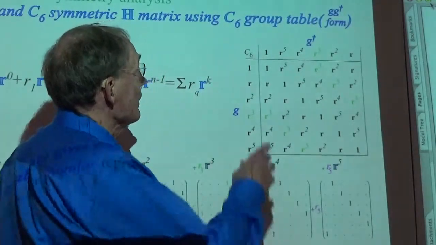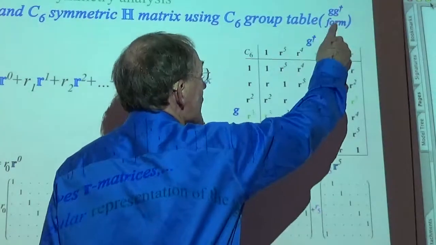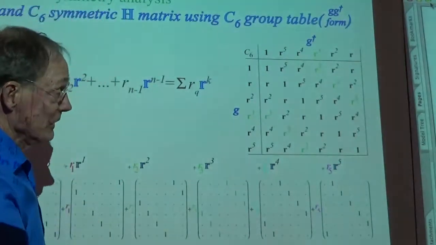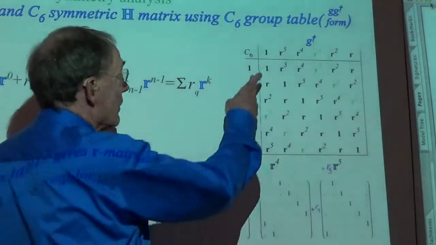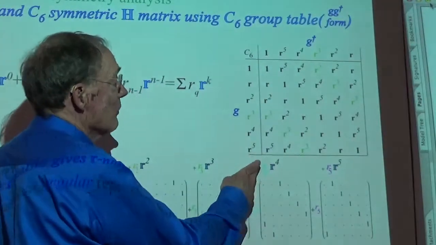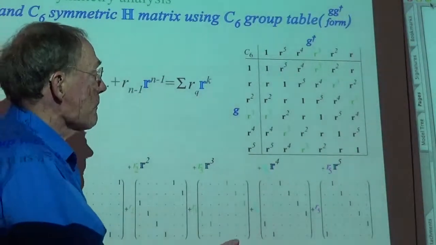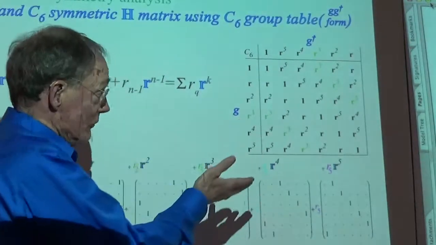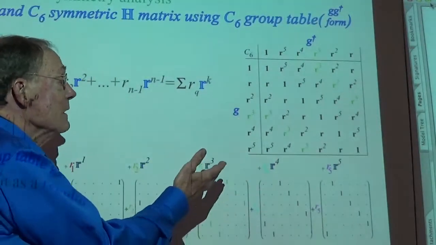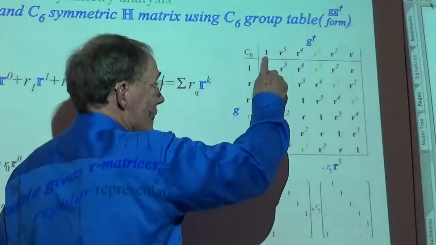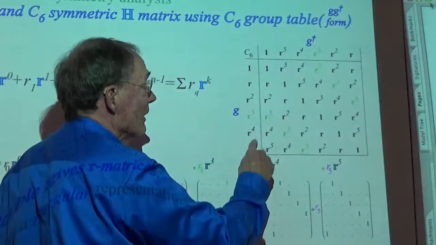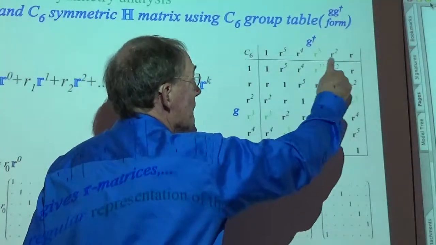Now this is what I call the GG dagger form of a group table that I mentioned for C3. And basically, after I've put down an acceptable ordering of the elements, very easy to do for this group because it's just powers, I then put the inverses, that is the dagger, if this is unitary operators, up here.